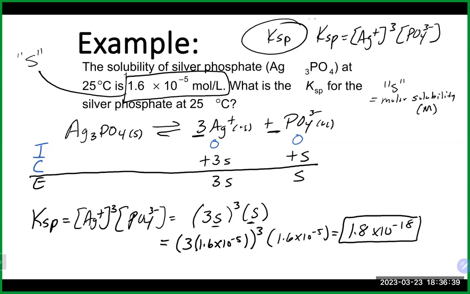Question on that? Now, I say you don't necessarily have to do an ICE table in this case if you understand molarity and how it breaks apart into ions.